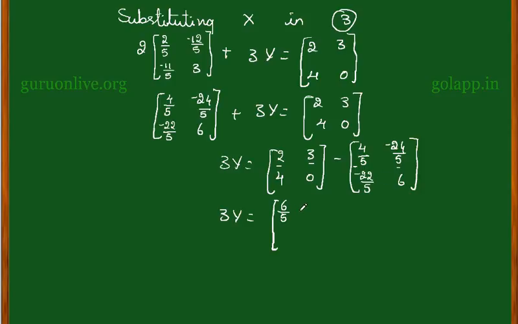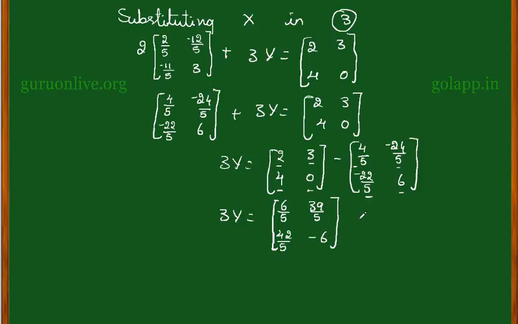So 3 plus 24 by 5 gives 39 by 5. The next element is 4 and the corresponding element is minus 22 by 5. So 4 plus 22 by 5 gives 42 by 5. And the last element I have 0, corresponding element is 6. So 0 minus 6 is minus 6.